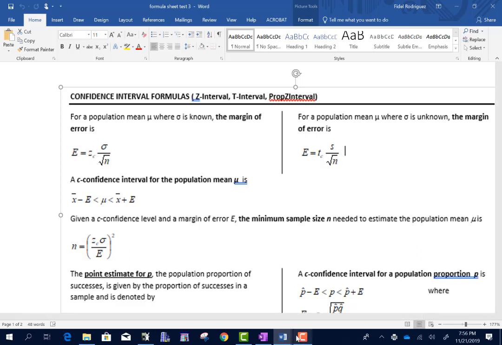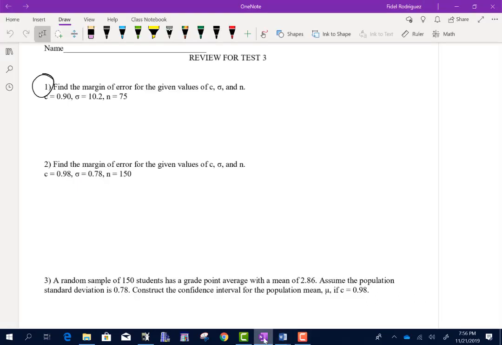So all I'm going to do, guys, is copy down that formula. I'm going to write down E equals my critical value ZC times sigma divided by the square root of N. Okay. So notice what it says. Find the margin of error for critical values of C, sigma, and N.